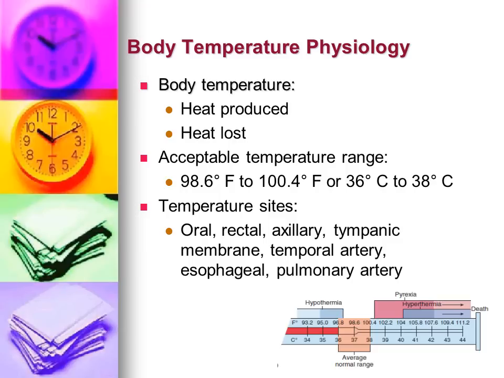We'll go over all these temperature sites and different thermometers that we will be using in the hospitals in our skills lab. It is important to remember that a consistent body temperature measurement from a single site allows you to monitor patterns of your patient's body temperature.